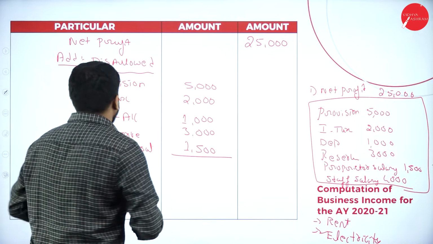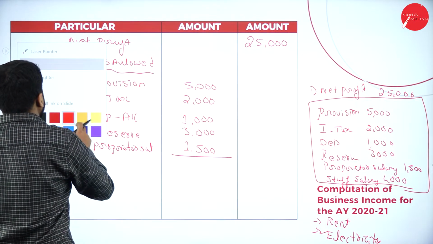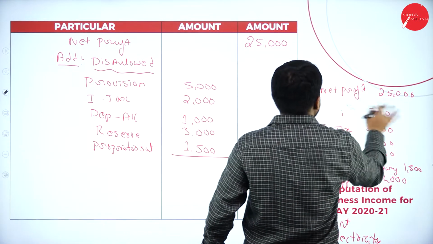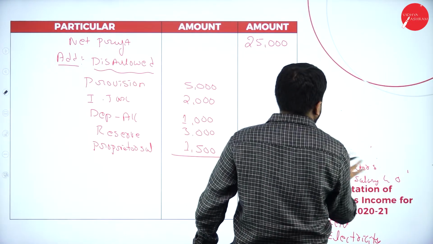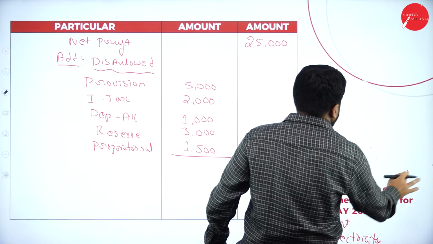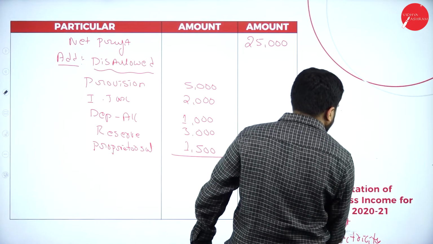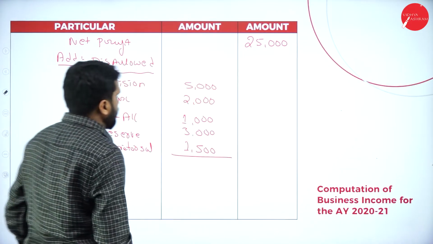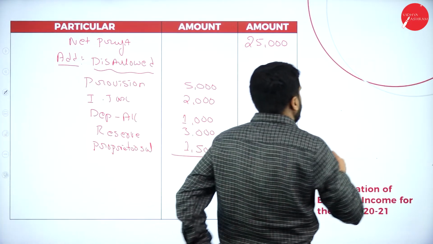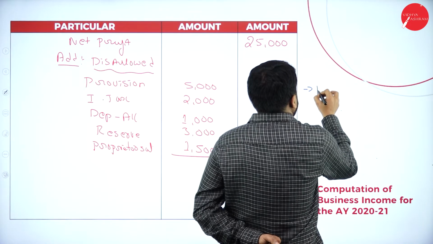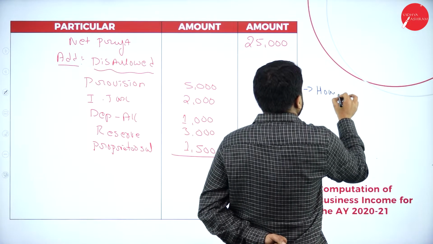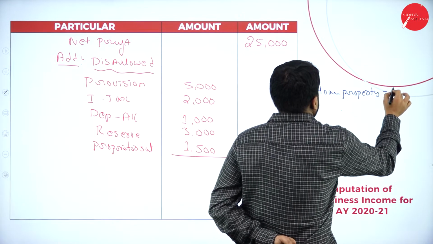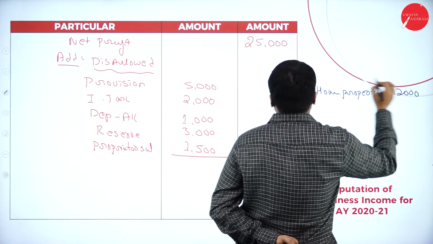After doing this, just assume the further question will be like this. We have added all the expenses and we have to minus the income part. Your question continuation: you have income from house property, 12,000.